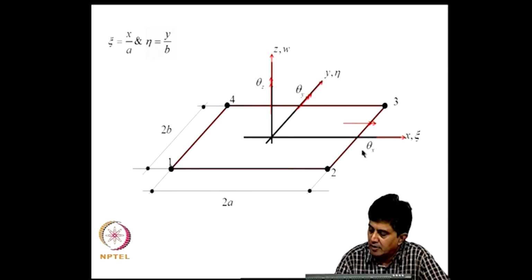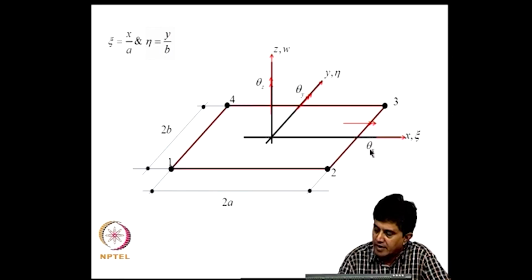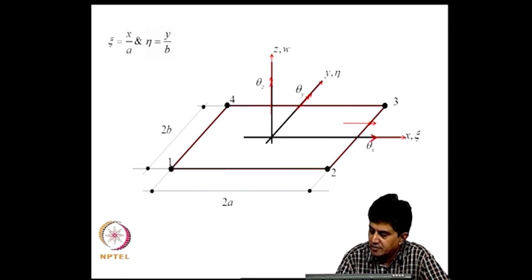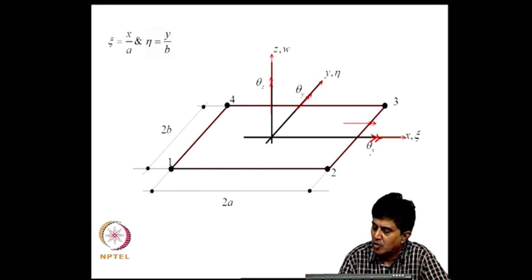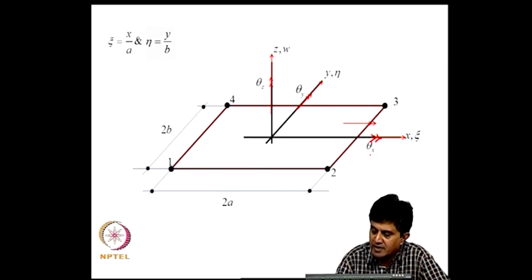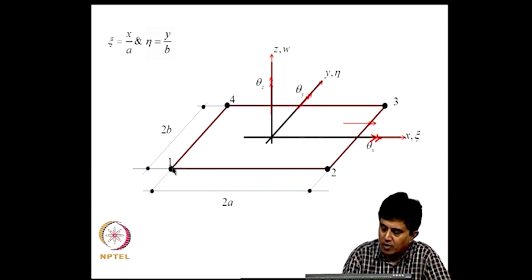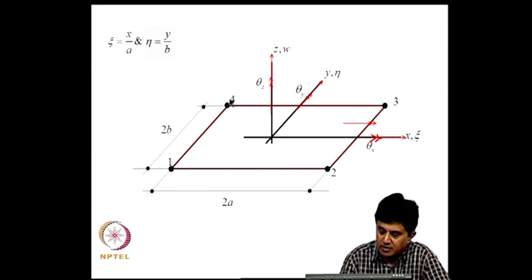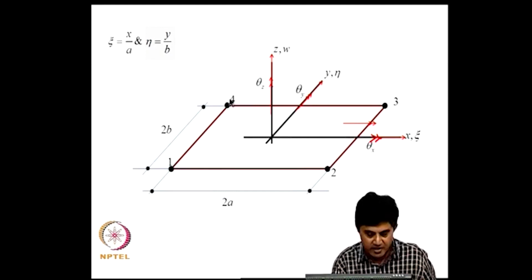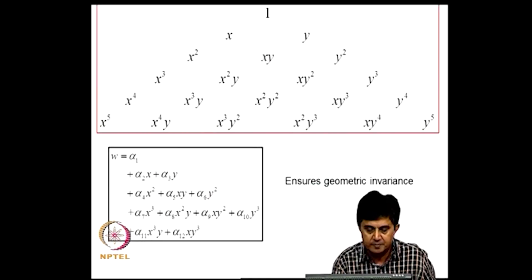Now, theta x is the twist about x axis, theta y is the twist about y axis, and theta z is the twist about z axis. 1, 2, 3, 4 are the nodes, and we will now write the expressions for energies in such an element.